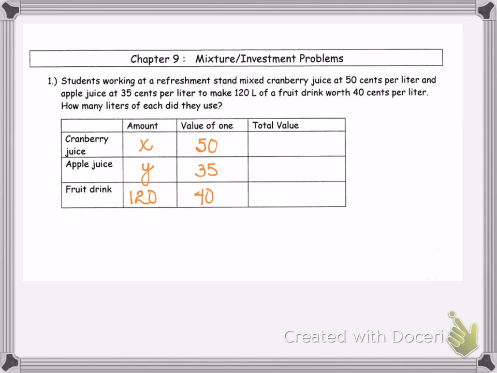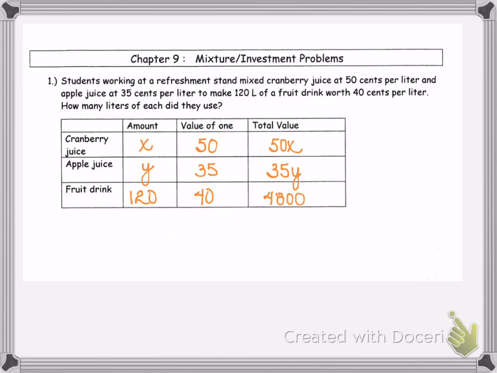Just like we did with our other table value word problems, we're going to multiply across. So I'm taking the amount times the value of 1 to get a combo of 50x here. This would give me 35y, and 120 times 40 would give me 4,800.